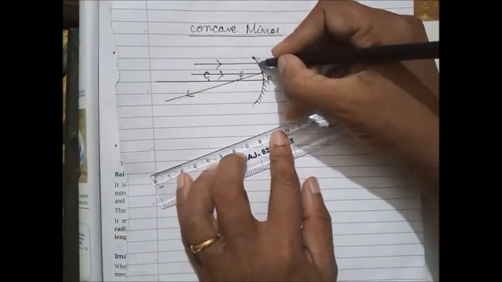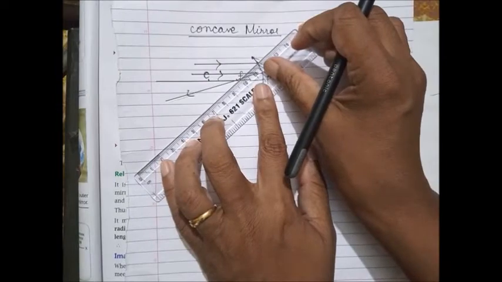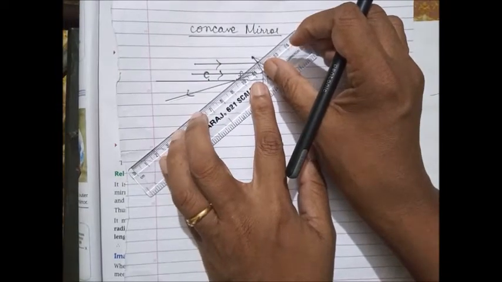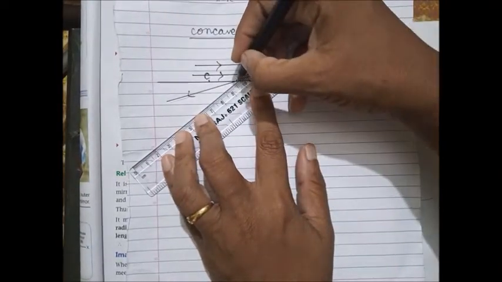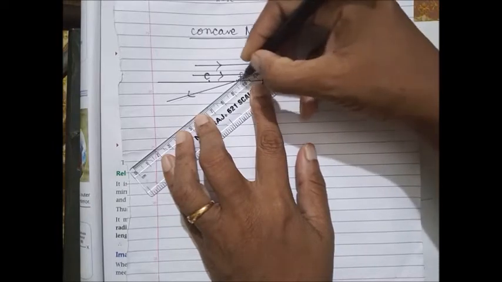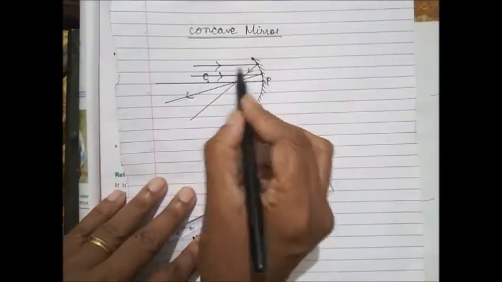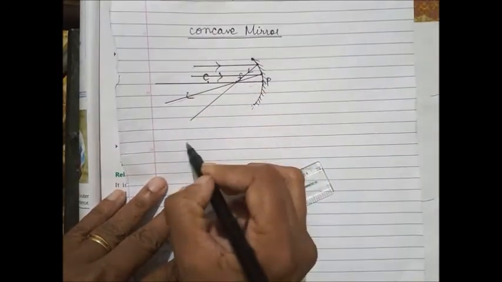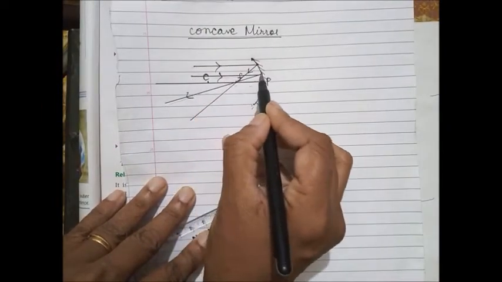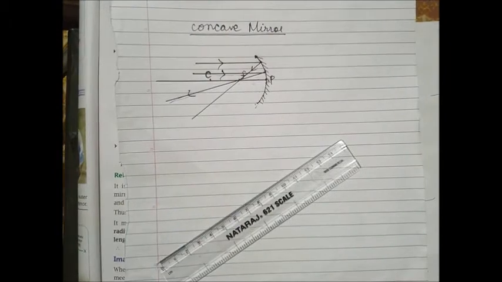Now, what about this ray? Same way, you keep your scale, join this point and then you extend it. Now, this is the reflected ray for this ray. This is the incident ray, this is the reflected ray. This is the second incident ray and this is the second reflected ray.